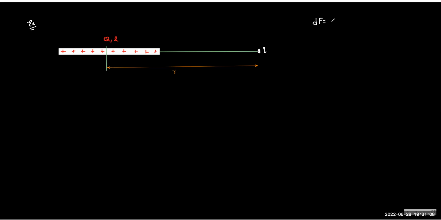So if I write dF equals k dq1 dq2 upon the separation of the elements. One is itself a particle, so we need not worry about it, and the other I have to take. I hope by this time you are mature enough to understand how to cut an elementary part, how to take the variable and how to cut it.